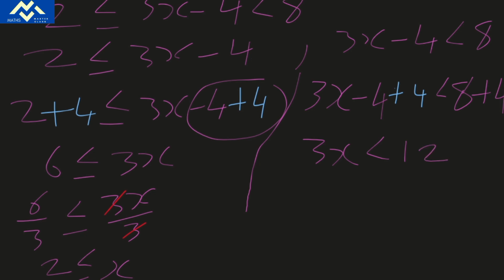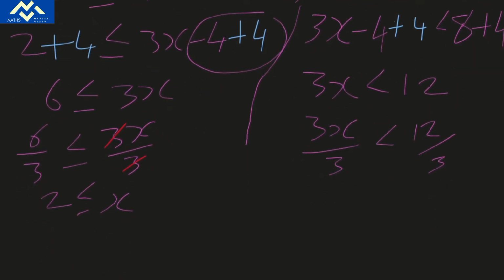Divide both sides by 3. We have x less than 4. Now we combine both results. Our final answer is 2 less than or equal to x, and x is also less than 4.